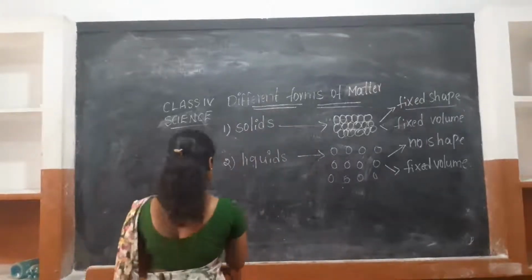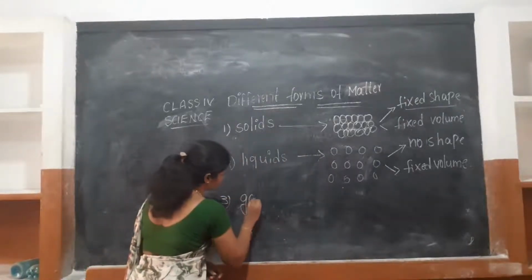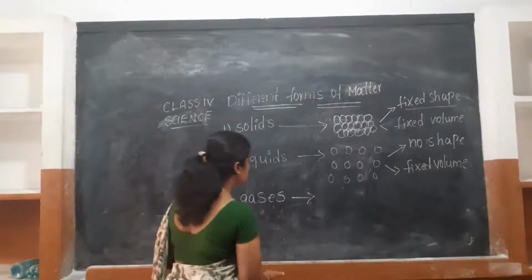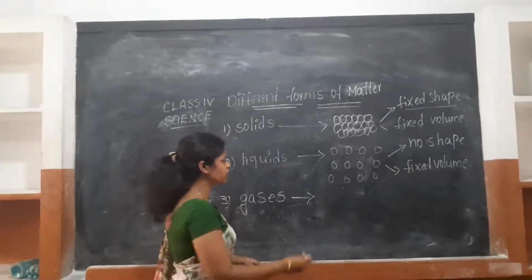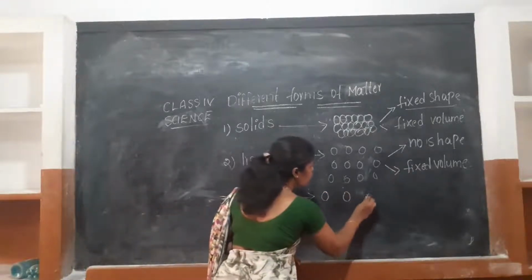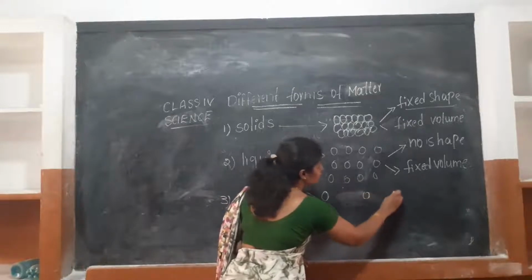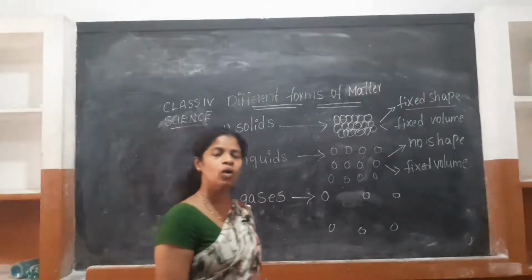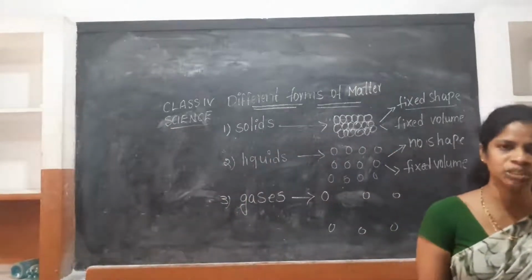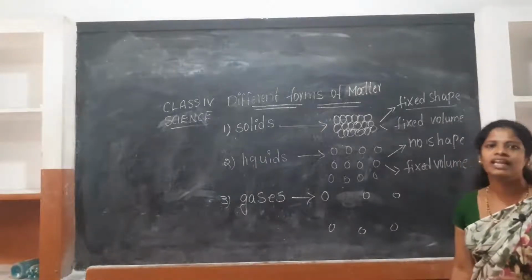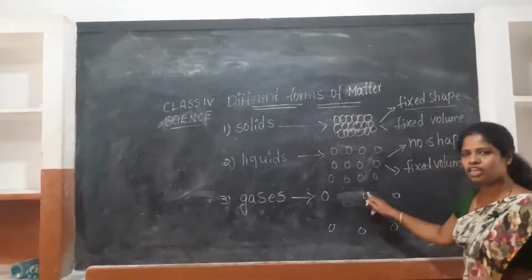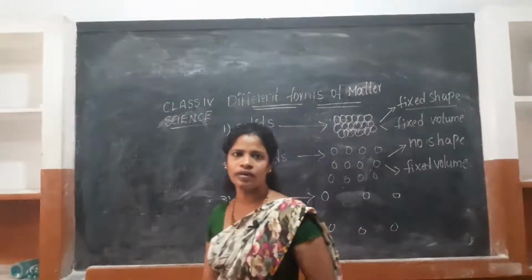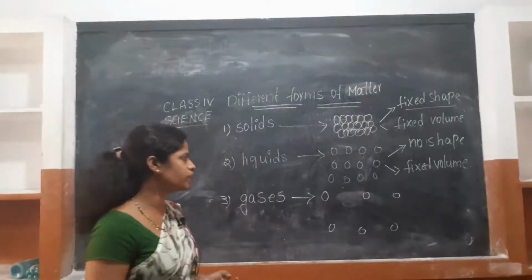Look at the next one, that is gases. So, children, the arrangement of atoms or molecules in gases is too far from one another, so the force of attraction between them is also very, very less. Did you understand, children?